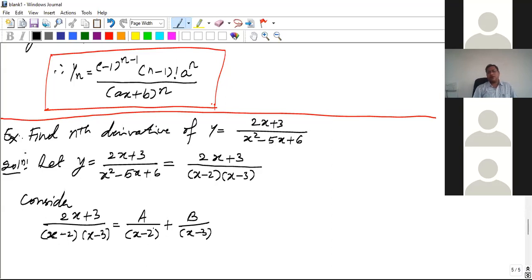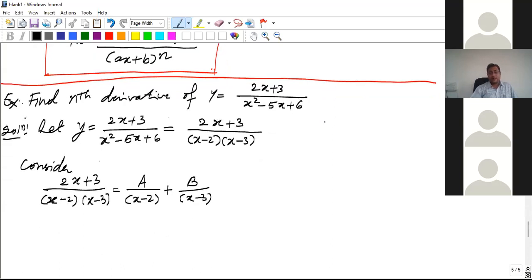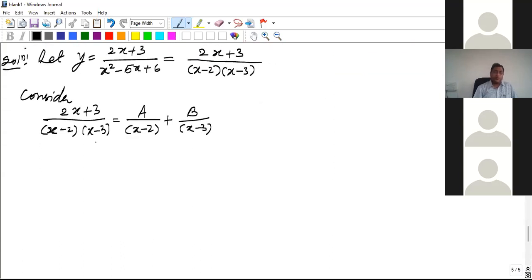These are linear terms, so we consider constants. Now we can write 2x plus 3 is equal to a into (x minus 3) plus b into (x minus 2). To find the value of a, we make its denominator 0, and likewise for b.